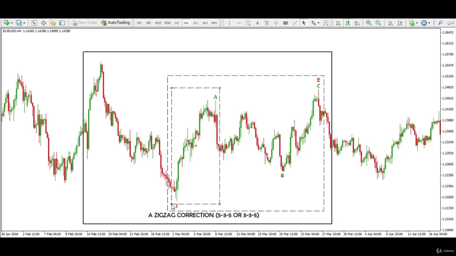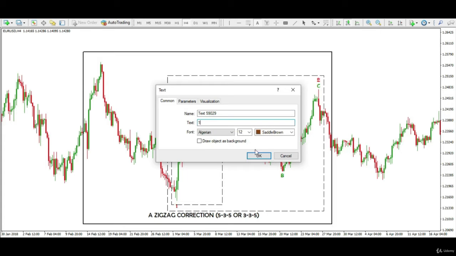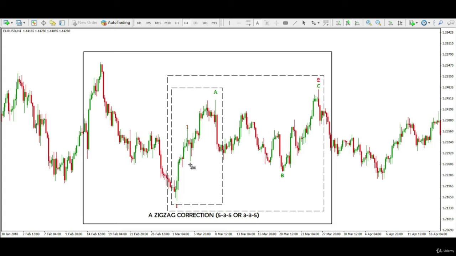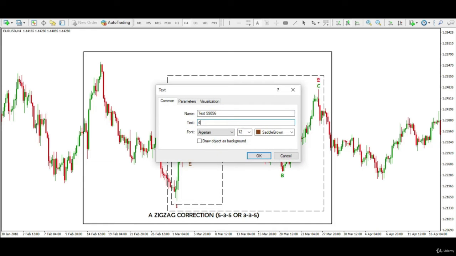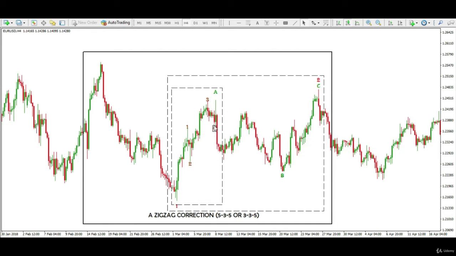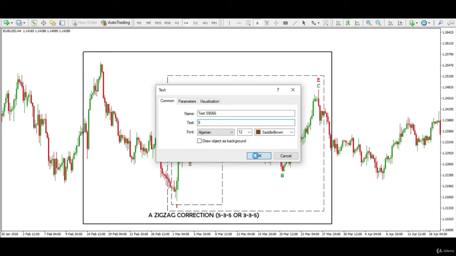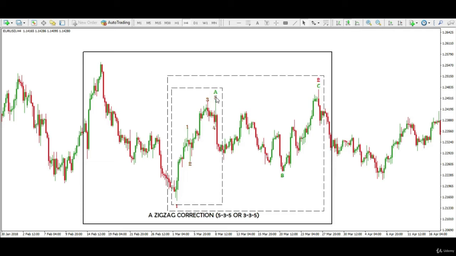It is now time to study the subwaves within each wave of the correction. As wave A consists of 5 subwaves, we can conclude that this zigzag correction has a 5-3-5 pattern.